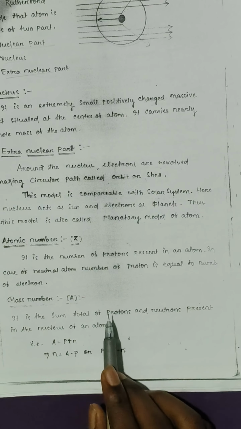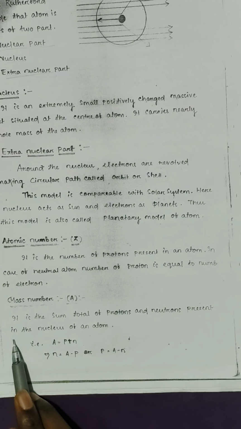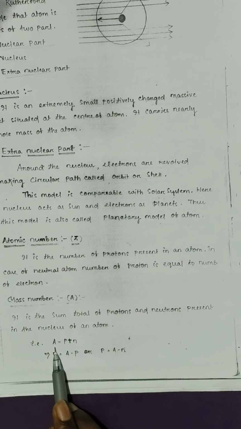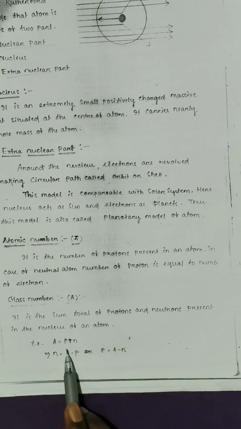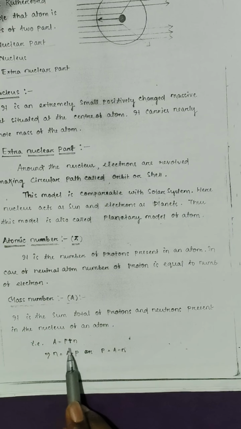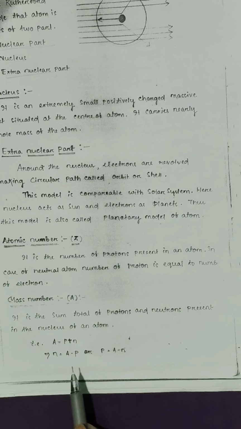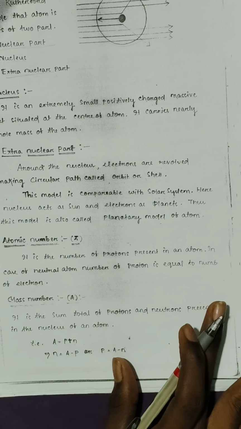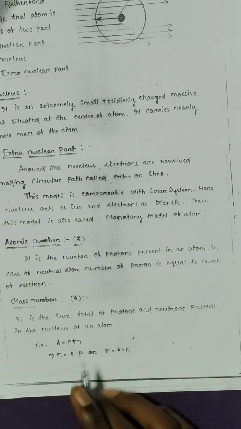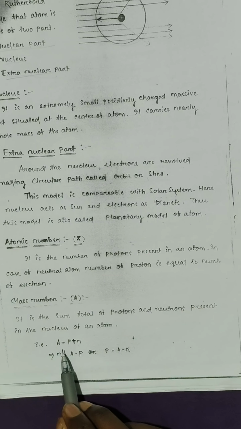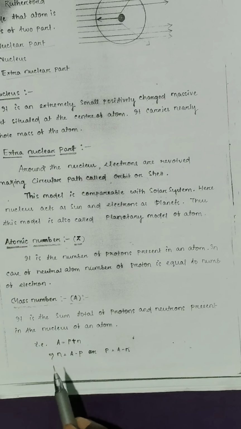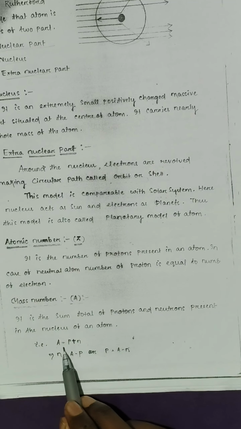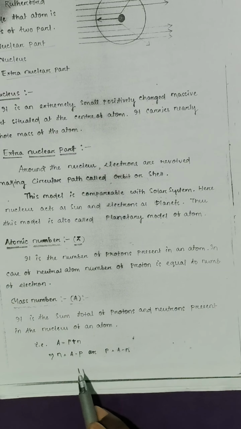It is the sum of the protons and neutrons present in the nucleus of an atom, like P plus N. P refers to proton, N to neutron. And if we get any two of these three values, we can get the other value as well.